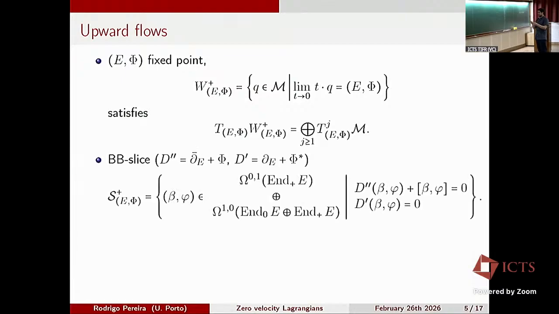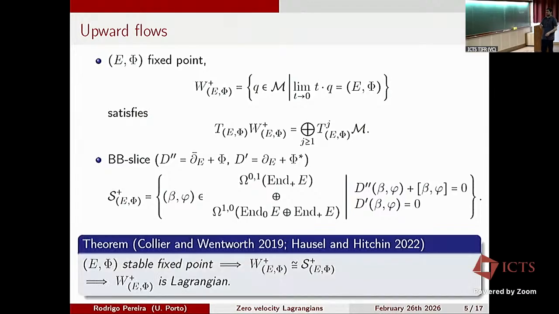So there's this BB slice that was considered by Collier and Wentworth, where essentially you are considering some harmonic representatives, and via this slice they were able to show that this is a global parameterization for the upward flow, and using that they were able to show that it is Lagrangian.